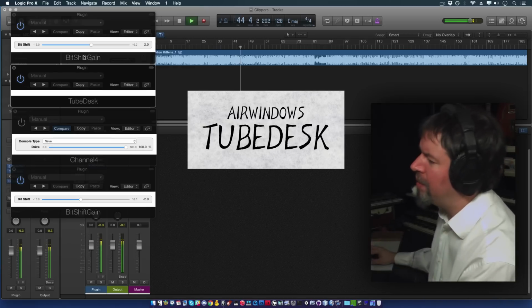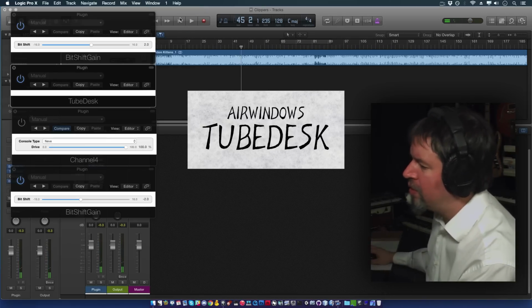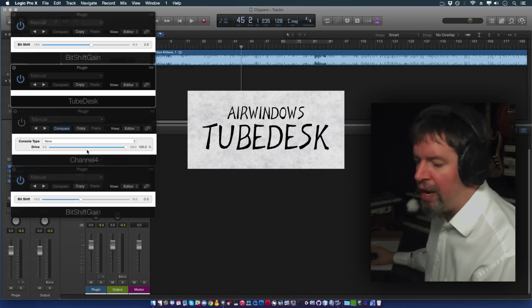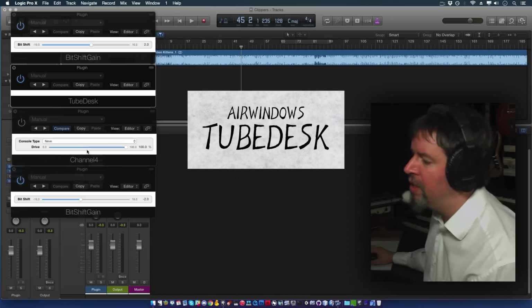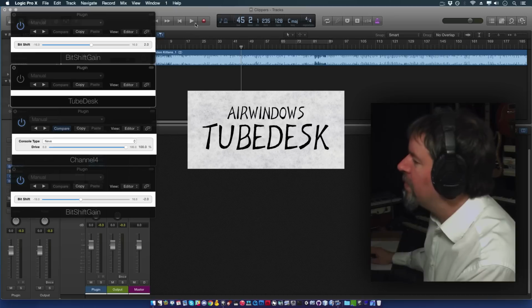Now, considering that these are both being driven pretty hard, way above 0, and they're both designed to just do sort of gentle tone coloring that's not flat out crazy scrunch and distortion, that's a nice contrast. Let's hear it again.